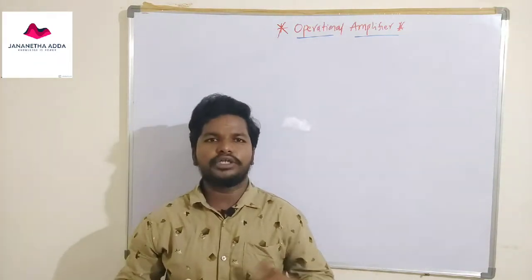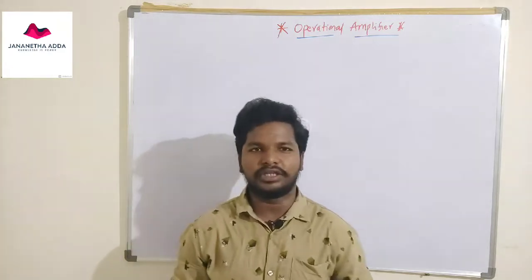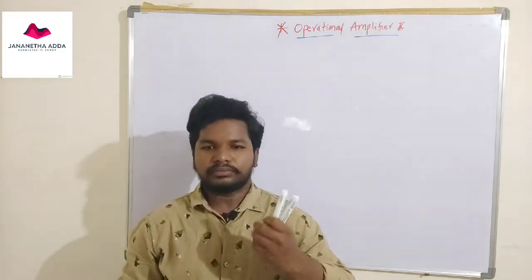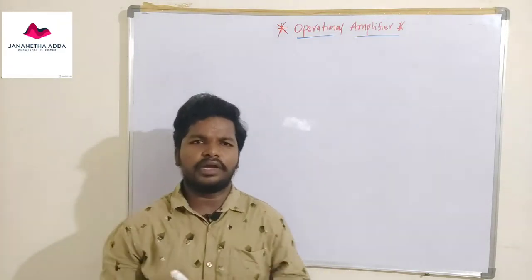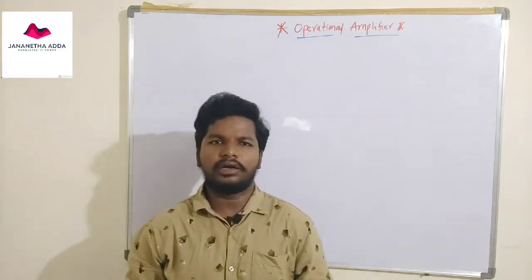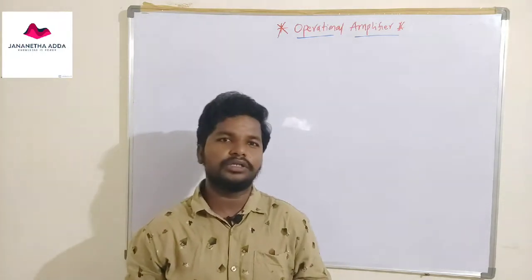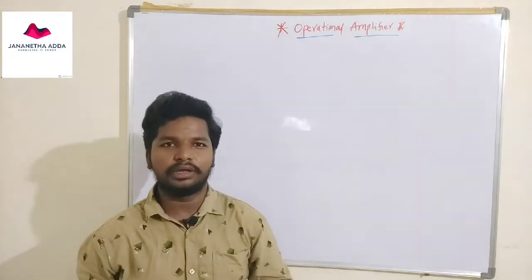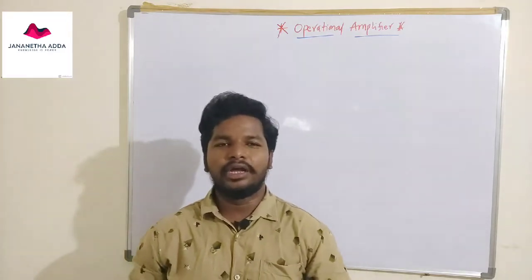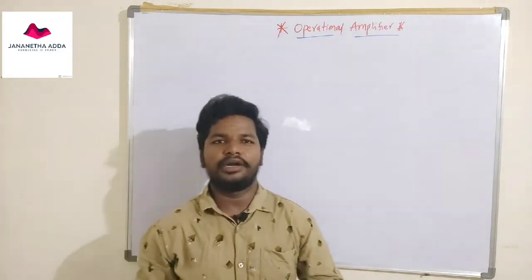So operational amplifier is an analog device having three terminals. Our first device in the analog world is the analog computer. The heart of the analog computer is the operational amplifier, because the job of the computer is to solve numerical problems and equations.